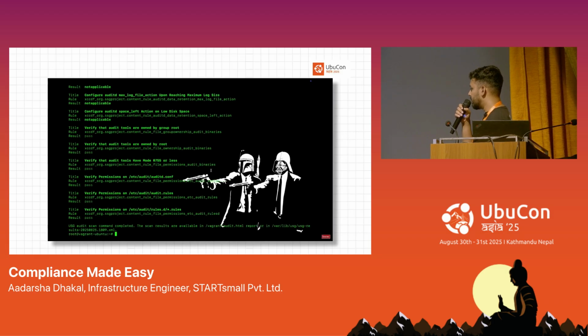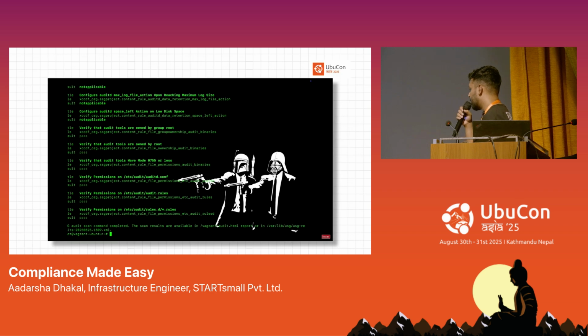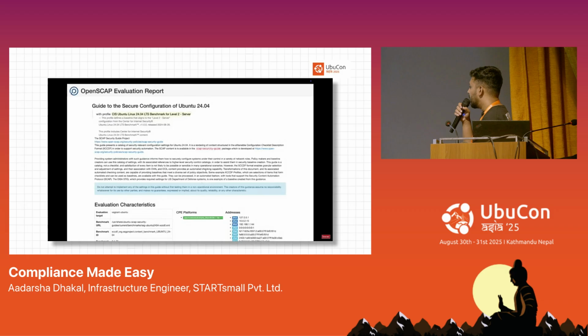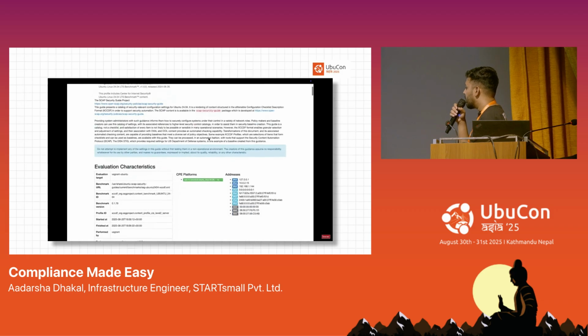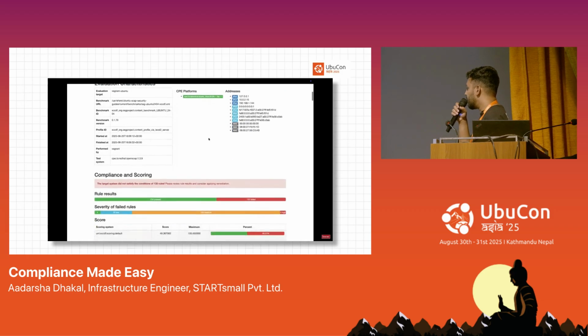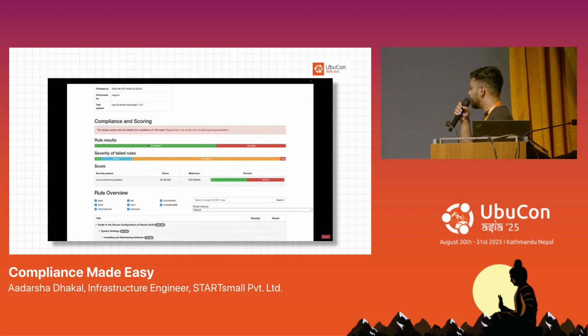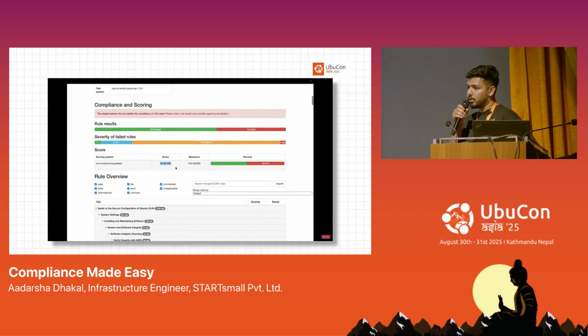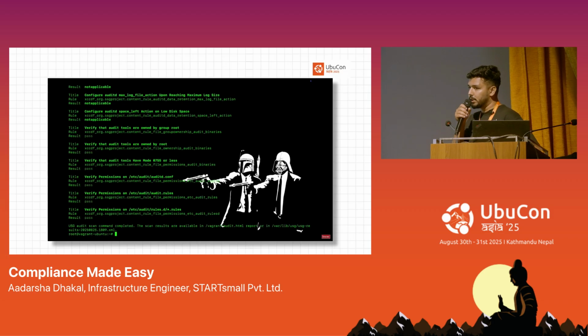Now let's see the result of the audit. So here you can see 234 rules passed and 133 failed, which makes the score of 49.36. So our VM right now is 49% compliant with CIS level 2 server benchmark.